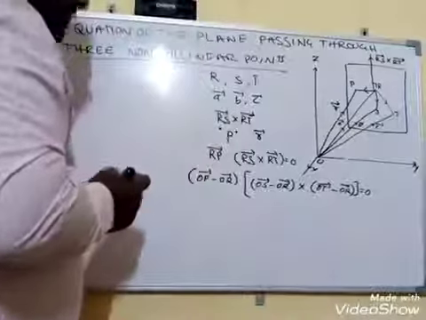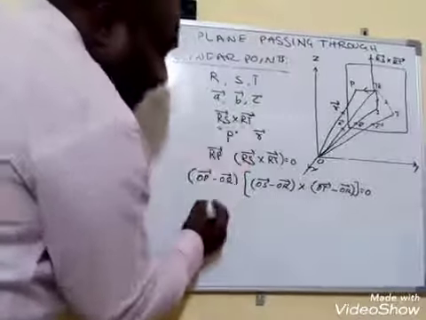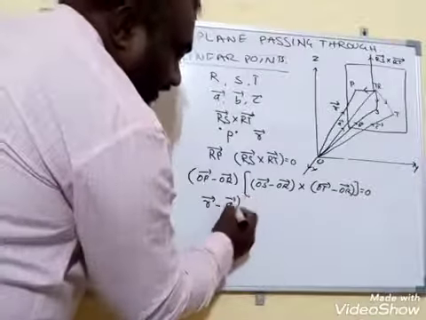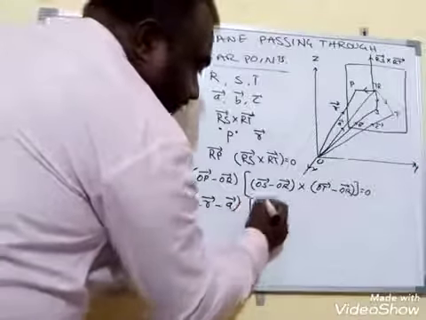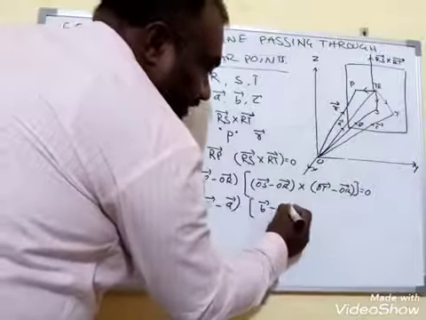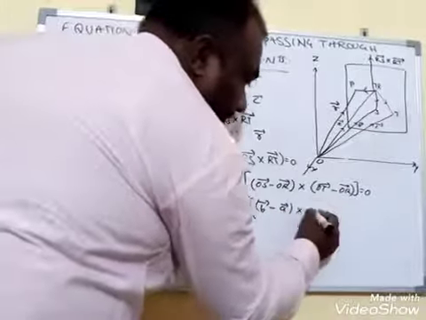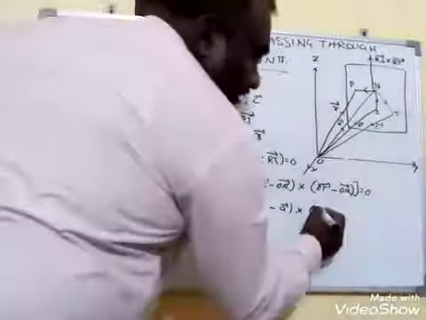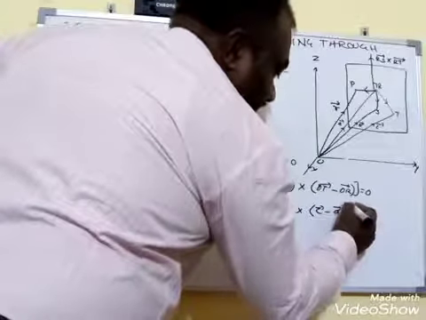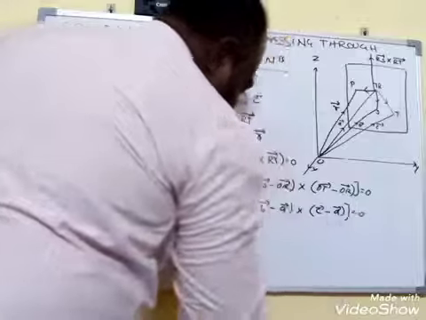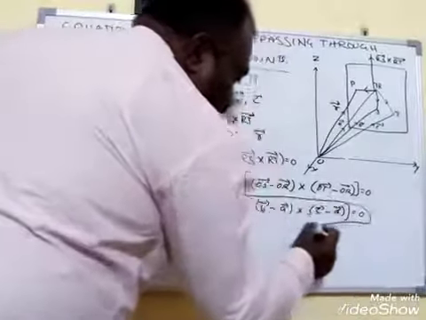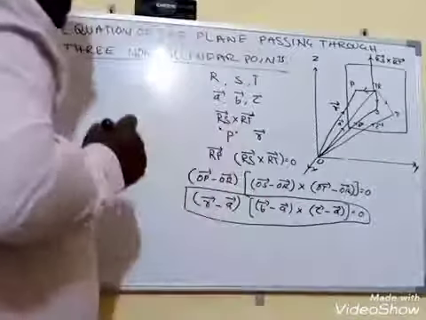Now here the position vector of P bar is R bar. Therefore R bar minus A bar dot OS bar. OS is nothing but B bar. B bar minus A bar cross OT bar. OT bar is nothing but C bar. C bar minus A bar is equal to 0. This is the vector equation of the plane passing through three non-collinear points.